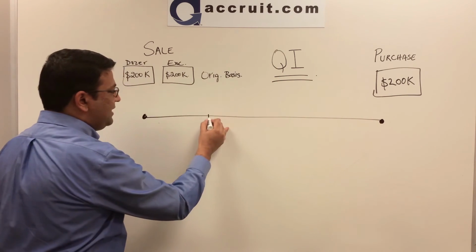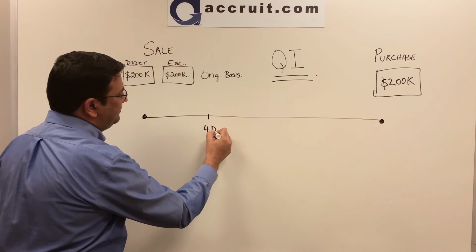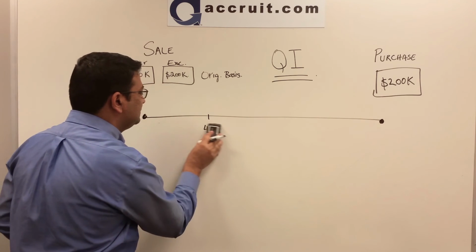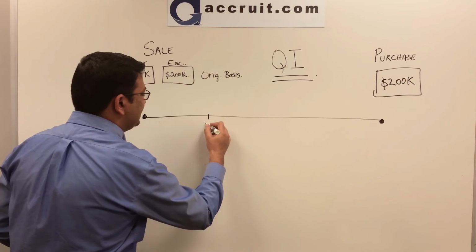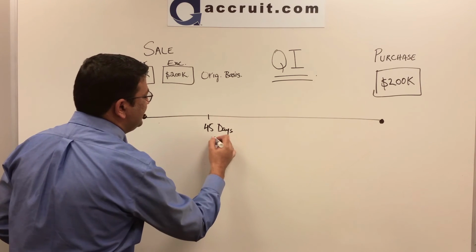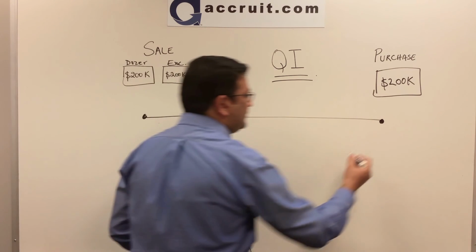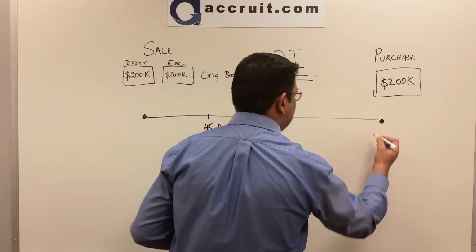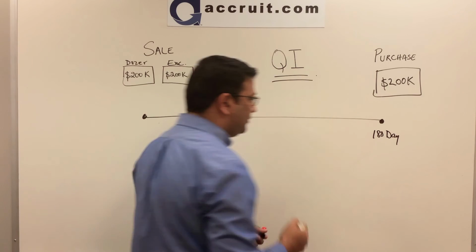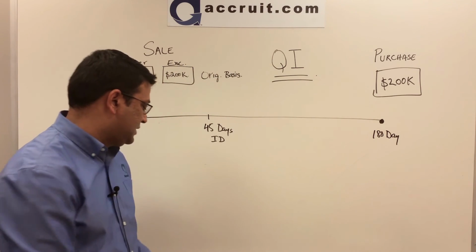Initially, I have 45 days to identify my replacement asset or assets, 45 days to ID, and I have a total of, running simultaneously from the sale date, a total of 180 days to take legal ownership of the replacement assets.